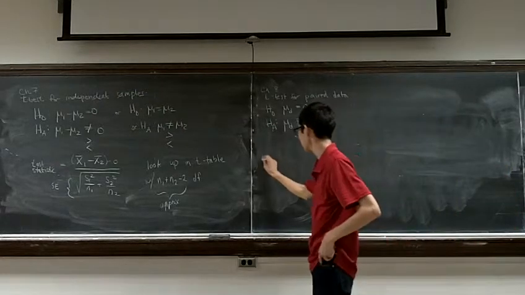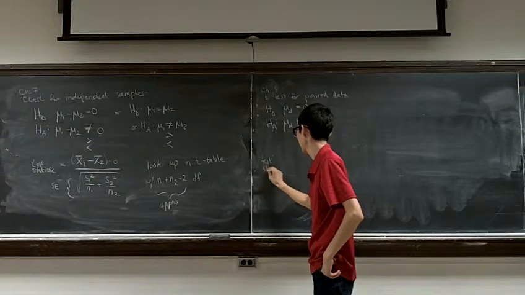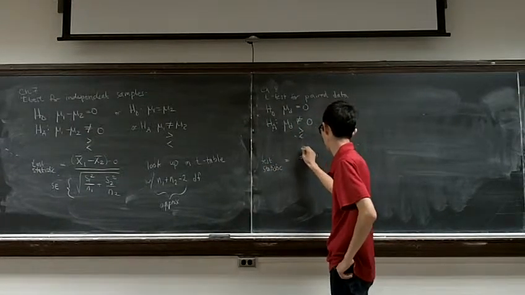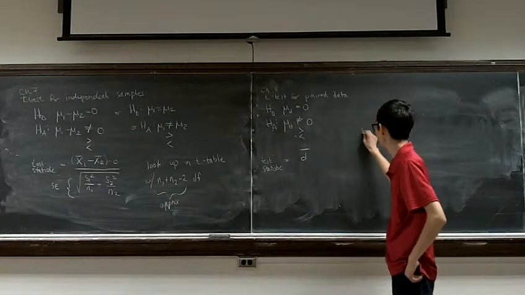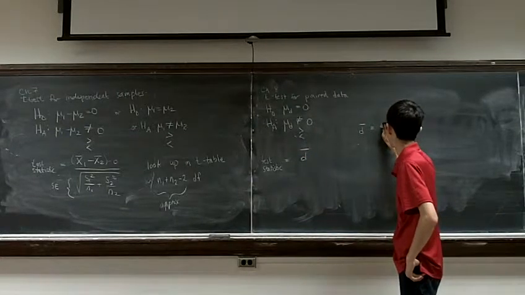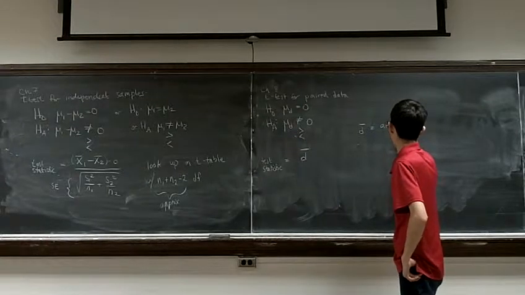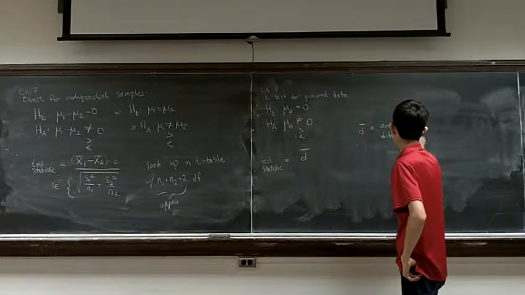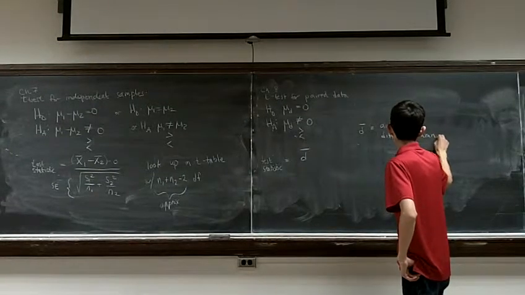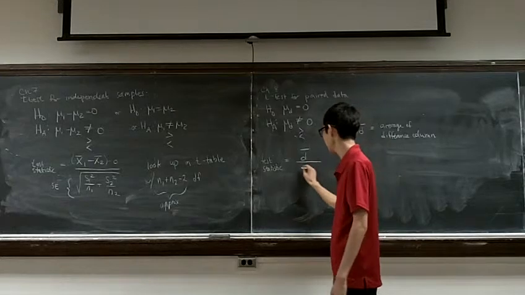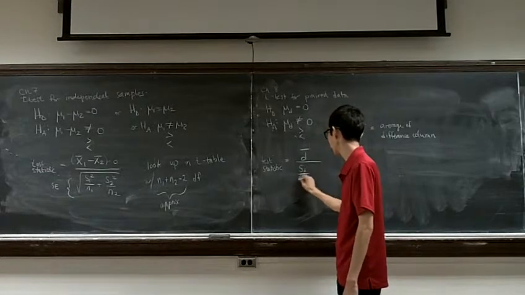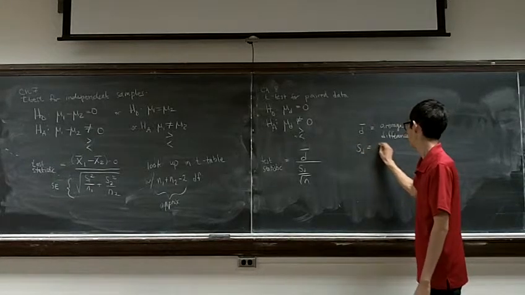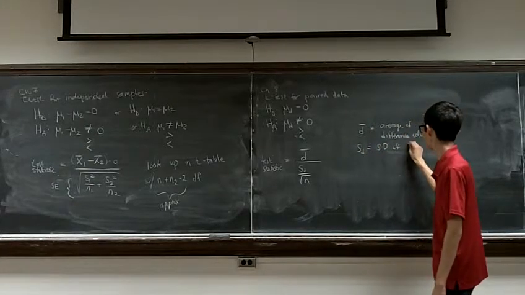Your test statistic is equal to the average of the difference column, D bar, divided by the standard deviation of the difference divided by the square root of n. Okay. So this is the standard deviation of the difference column.